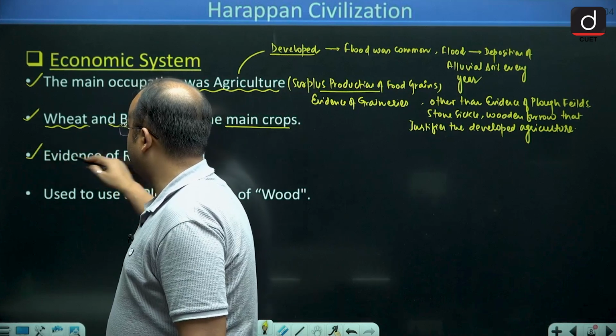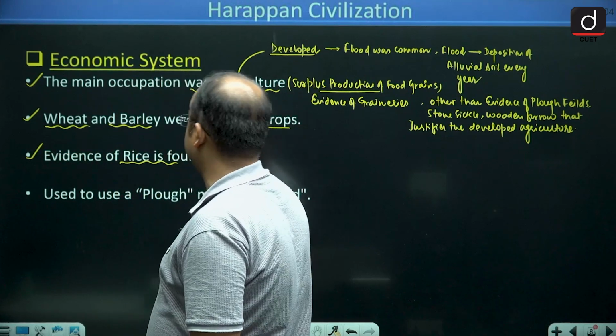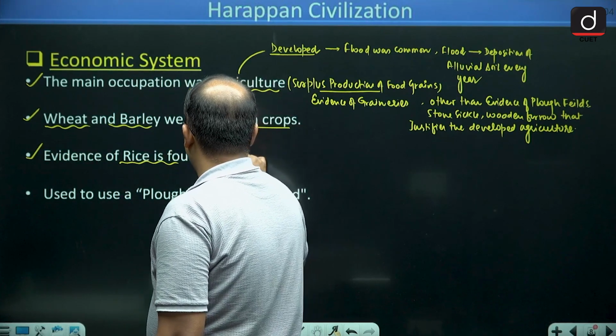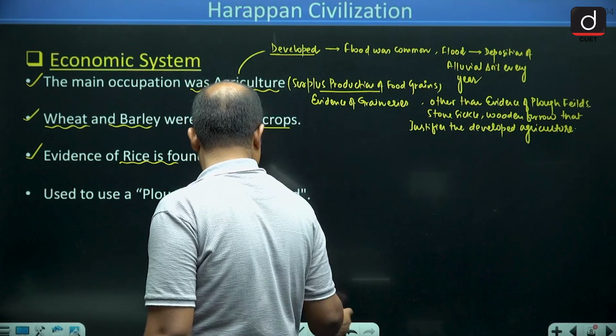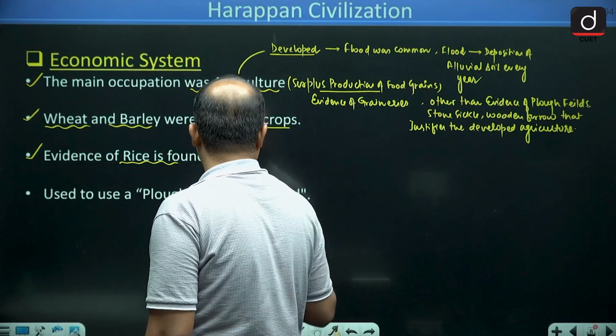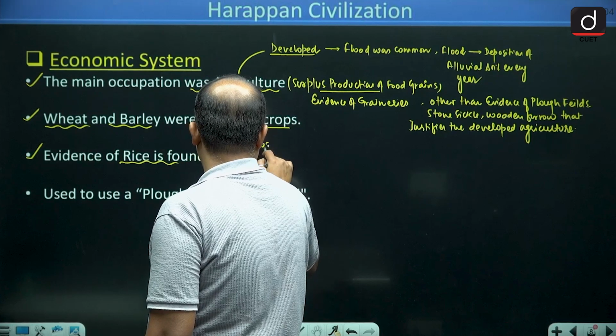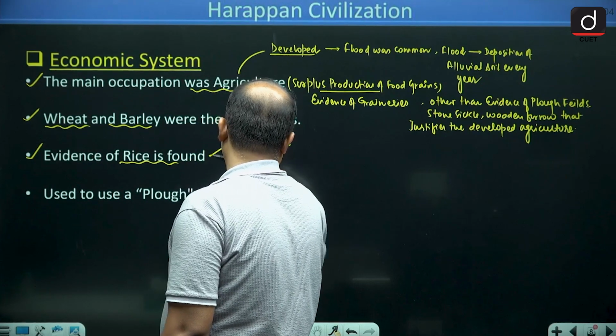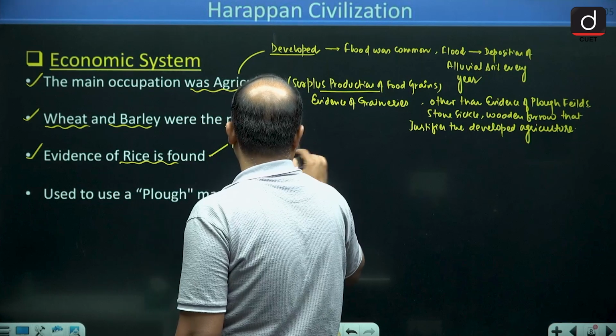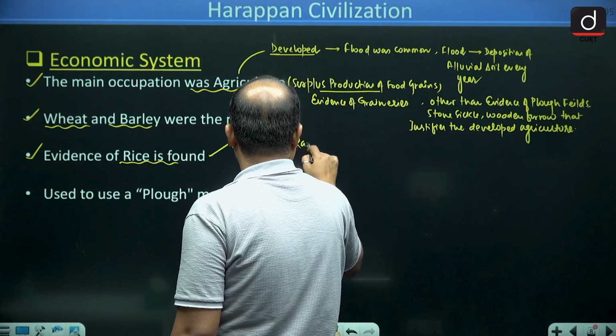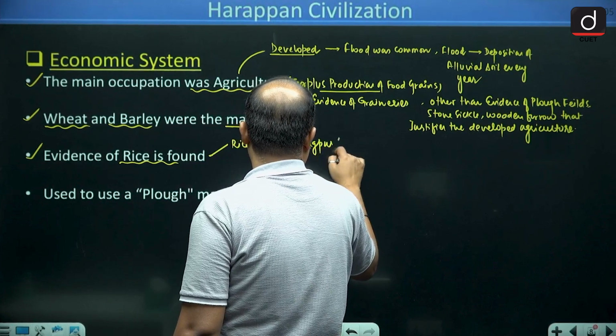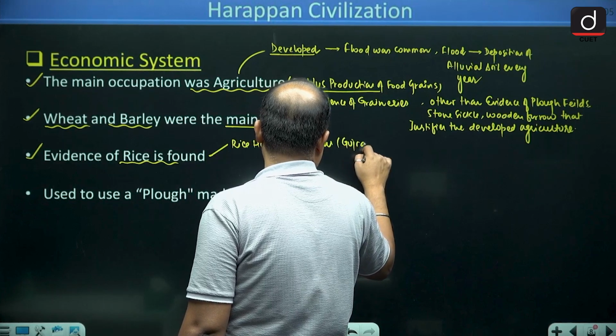And if I talk about the evidence of rice, guys, two things were found. One is rice husk, and rice husk, guys, is found from Rangpur. Rangpur, guys, is in Gujarat.